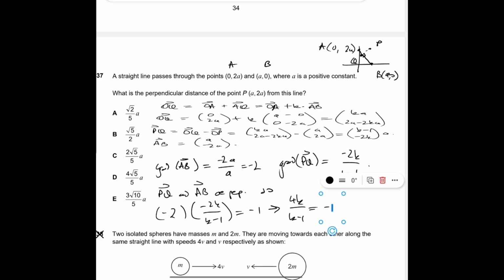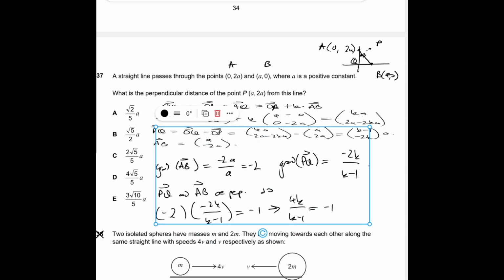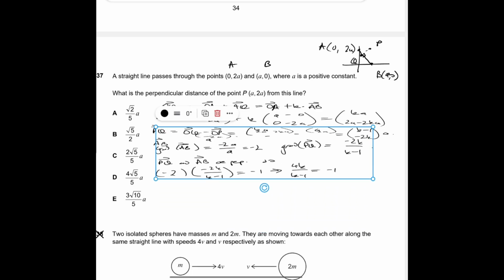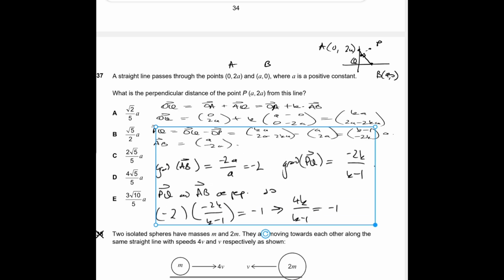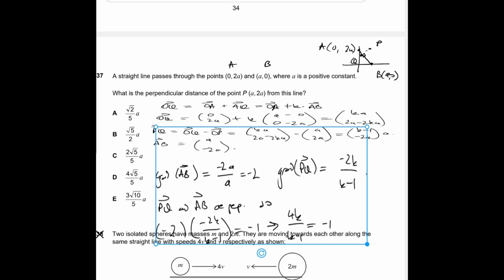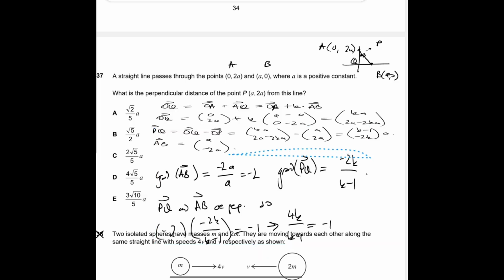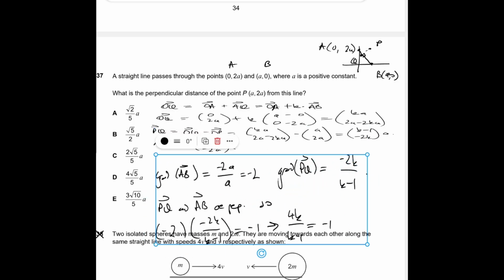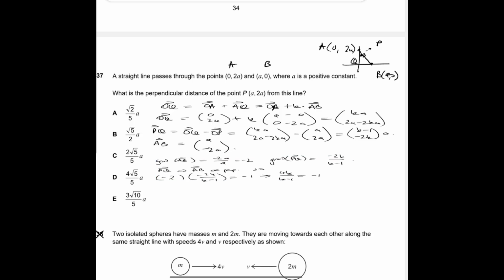So what that means is that 4k, so k has to equal 1/5.